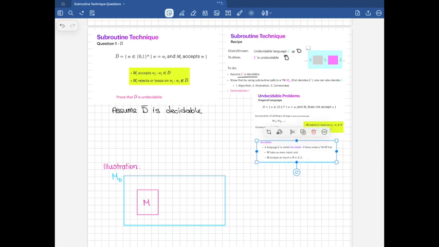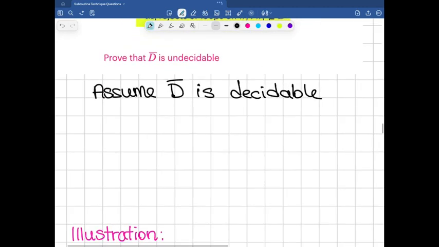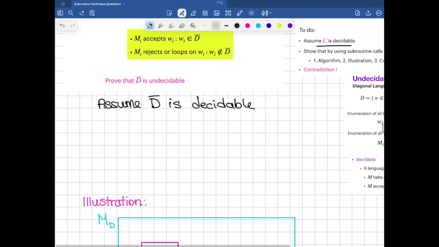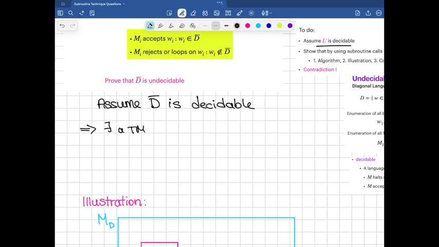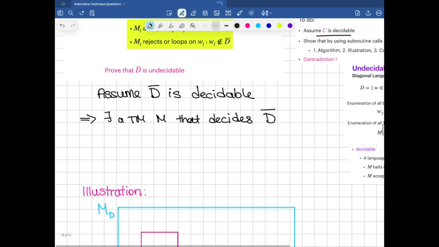So if we apply this to the complement, we have the following. This assumption implies, by the definition of decidability, that there exists a Turing machine, let's call it M, that decides D complement, right? Here we transfer from the language itself to the existence of a Turing machine. And how does this Turing machine look?